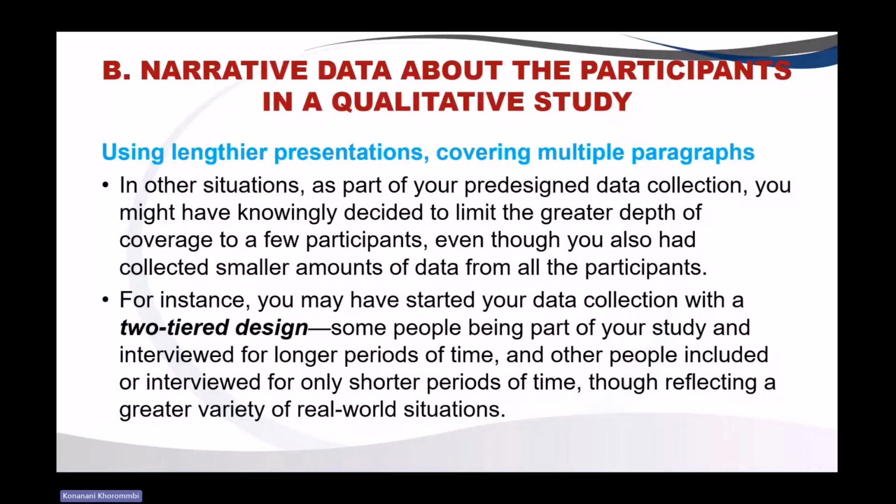You knew that in your strategy, in your approach, you would collect data with some respondents for fewer minutes, and with some respondents for an hour or more than others. That is when you've pre-decided. But if you find that you have not done it that way, that is when the earlier situation prevails and you go back to the field.